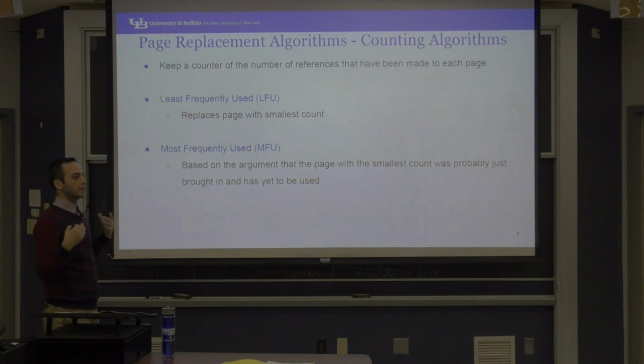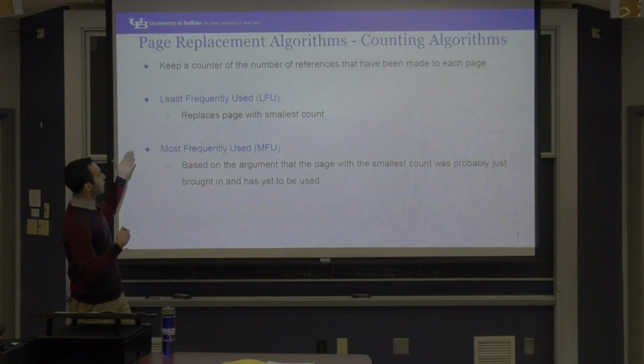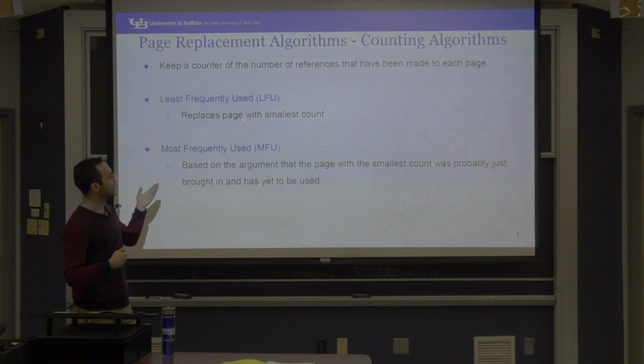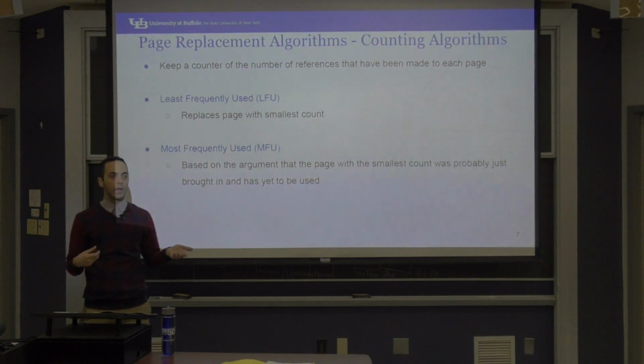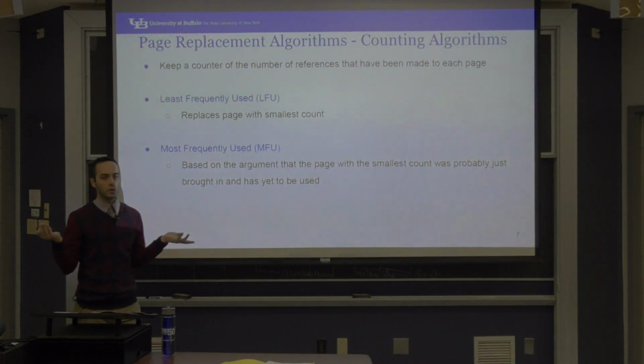But at least the idea is that, okay, if I'm counting page references, then when I want to replace a page, I can pick the least frequently used. So I'm going to take a look and pick the one that has the smallest number of references. The idea is that it hasn't been referenced, so it's probably not useful.